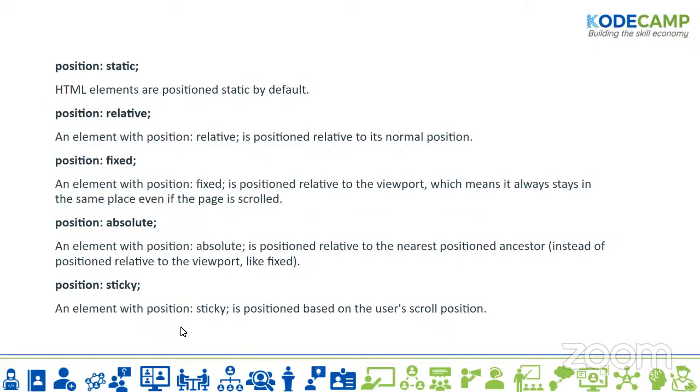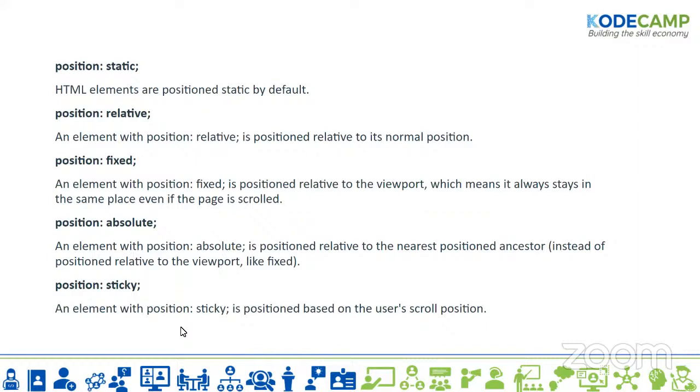Like I was explaining, HTML elements are position static by default. That's why you won't have to set position static, because it comes by default. Now, when you move over to position relative, an element with position relative is positioned relative to its normal position.